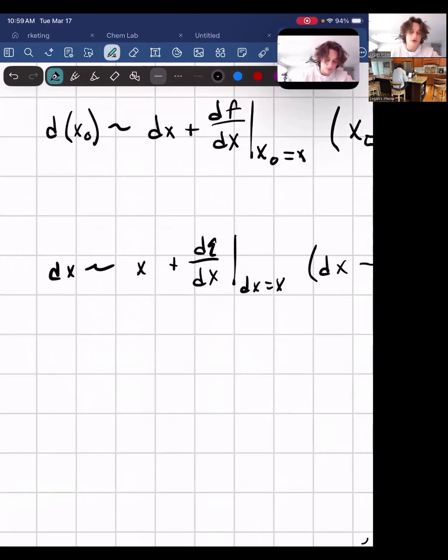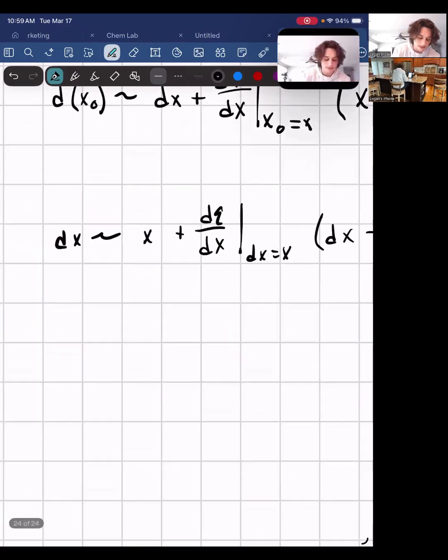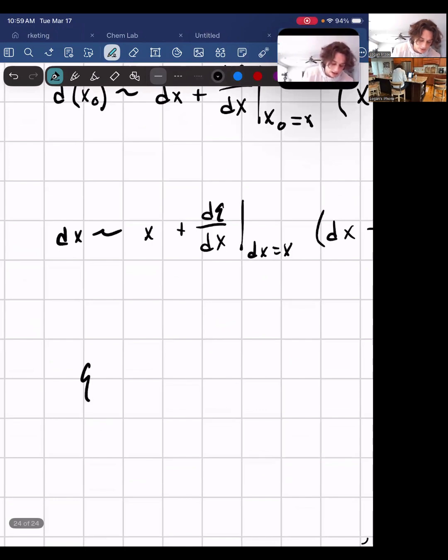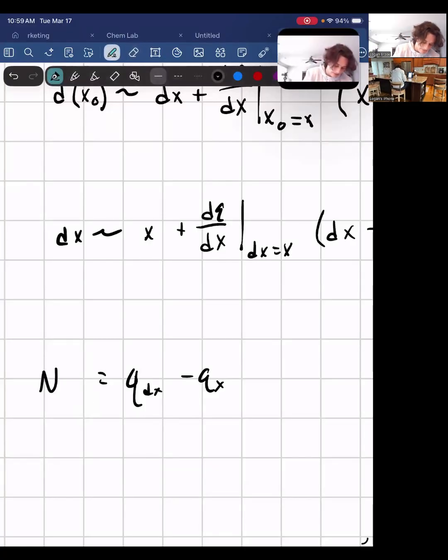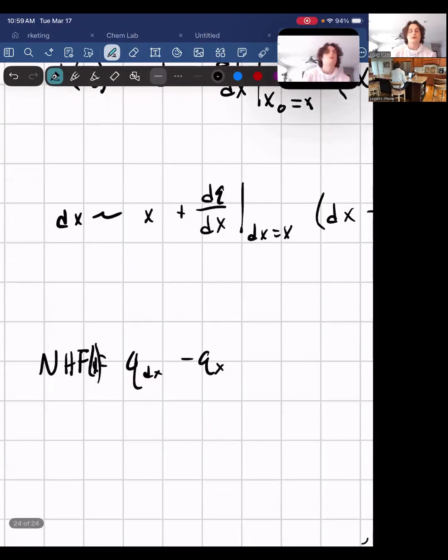And so we know that in our system, it's going to be q equals q at x plus dx minus q_x, right? That's or that's not q, that's our net heat flow for x, right? And we know this because it's just out minus in.